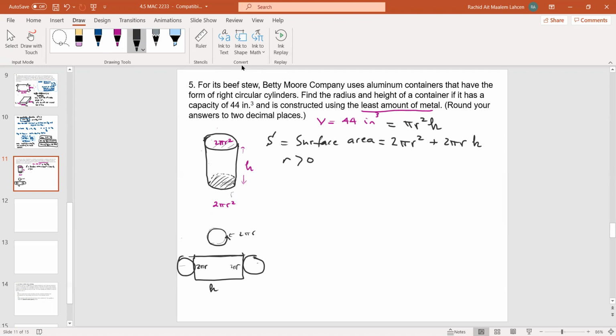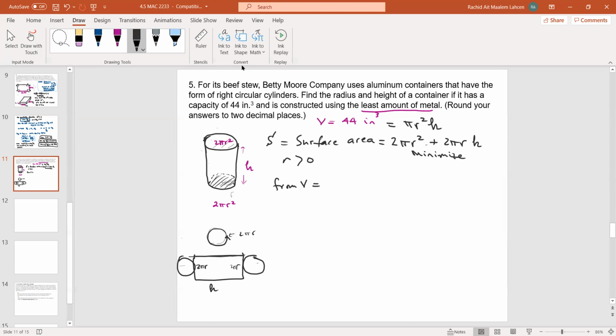So we're interested to minimize this one. Usually we use x and y, but here we have r and h, so we just use the r, which means from V.